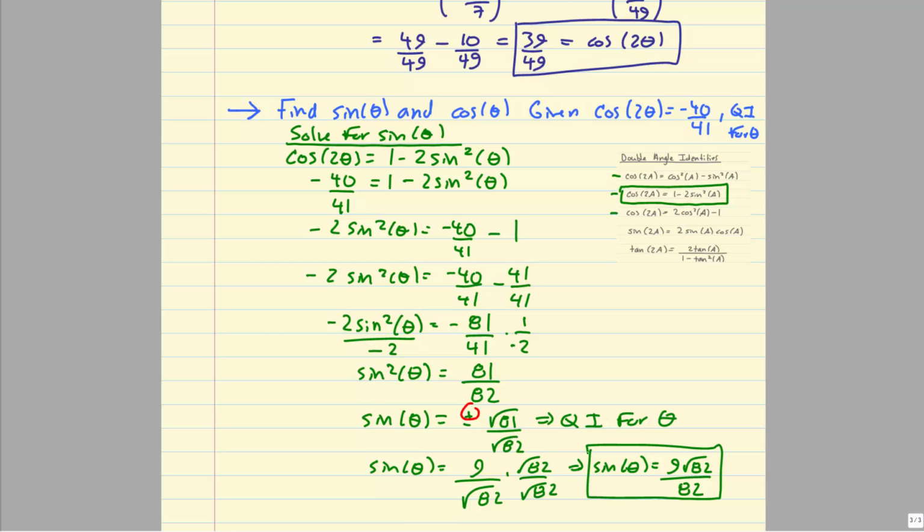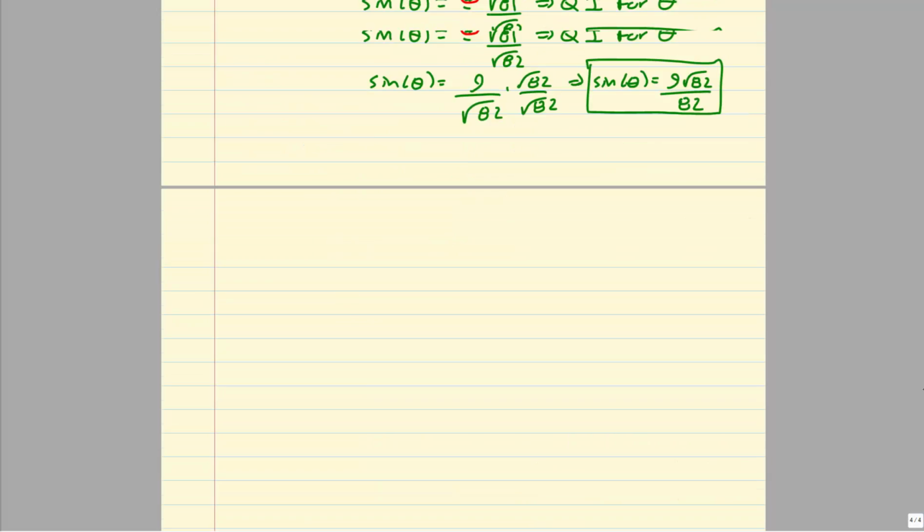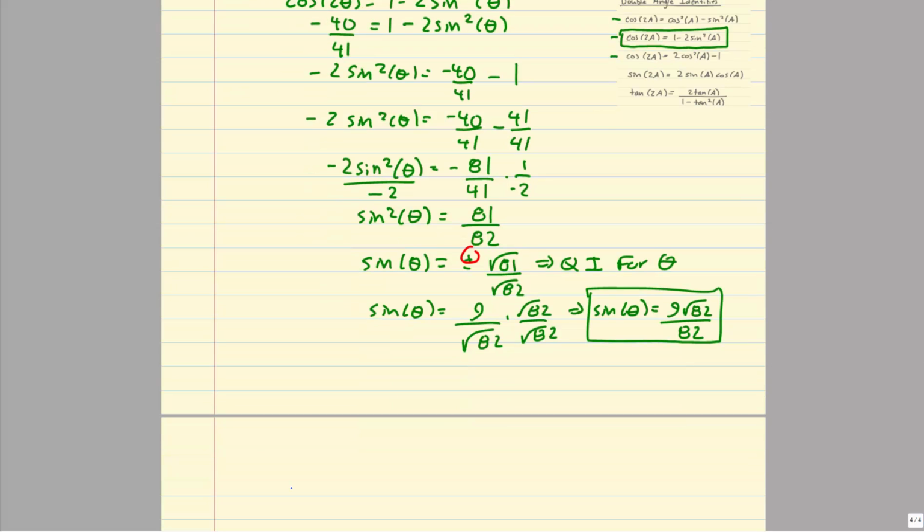The next thing we need to do is to solve for cosine theta. So let's make some room. So solve for cosine theta. If we look at our formulas up here, again, I'm going to use one of these top three probably.